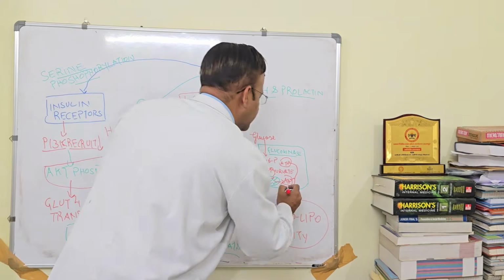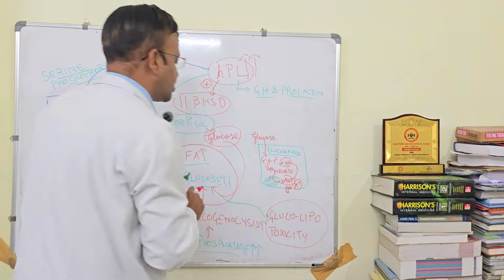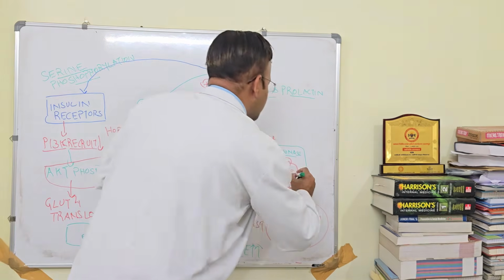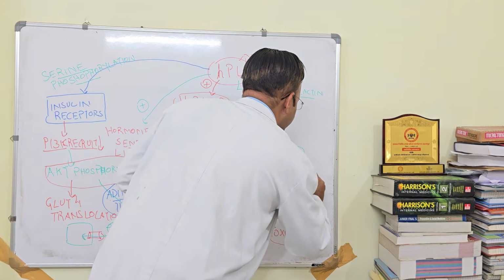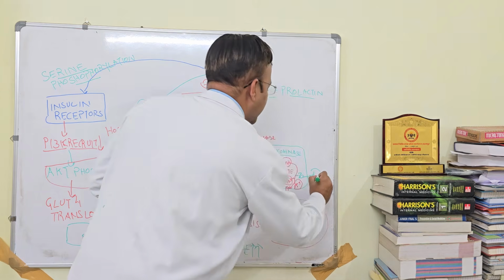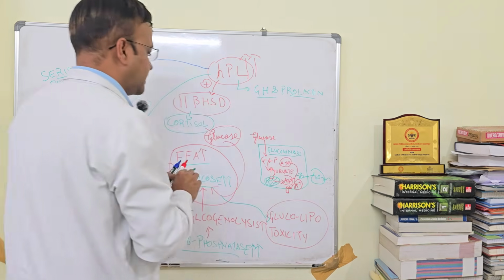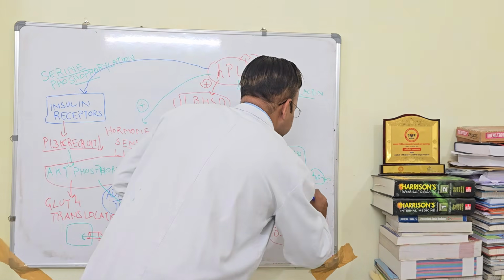So as soon as they close, the potassium will accumulate inside. If potassium accumulates inside, the potential inside will move towards zero, from minus 70 to minus 40 millivolt, right? At minus 40 millivolt, your calcium ion channels will open up, right?